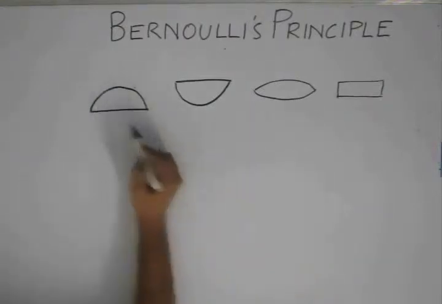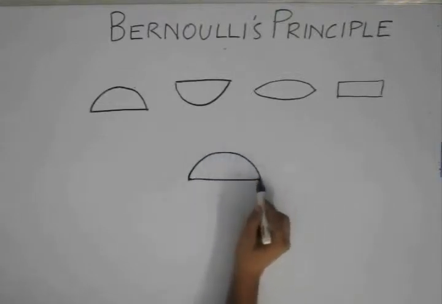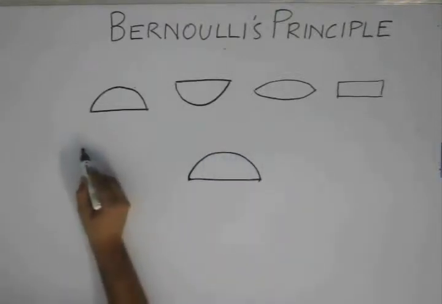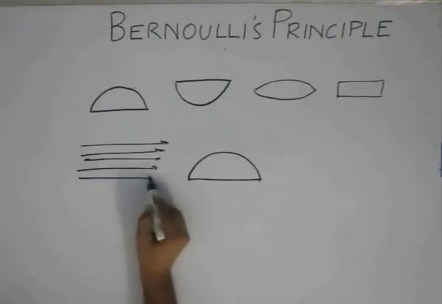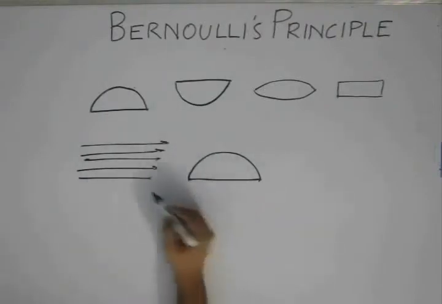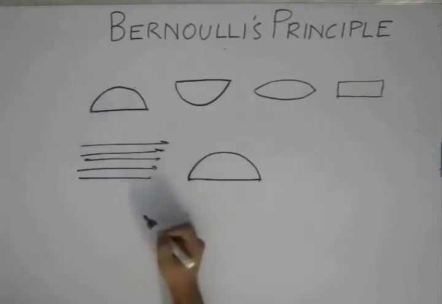We consider this surface, and we have, let's say, wind blowing in this direction. These are the streamlines. Let's say the wind was laminar or uniform before hitting this surface.